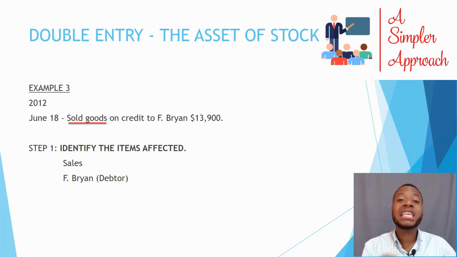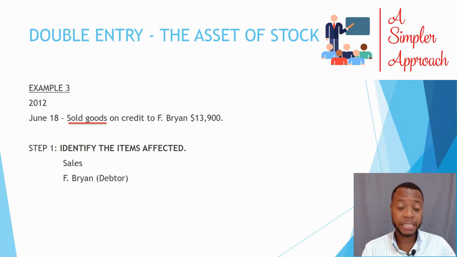So whenever you see sold goods, we're talking about sales, which means that we would have identified the first item affected. After that, it would boil down to whether the item was paid for or sold on credit. If it was sold on credit, it means that we have a debtor. A debtor is someone who owes the business, and debtors are assets. Stick a pin in that part just for a second.